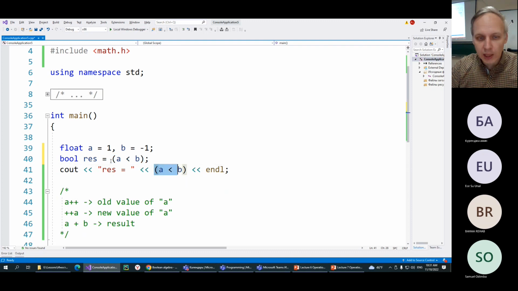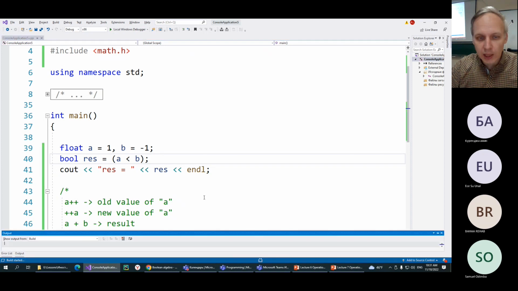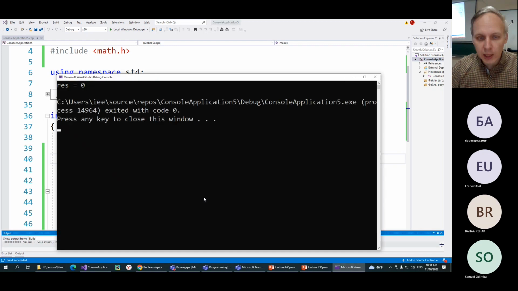And I can output the value of the result to the screen. A smaller than B, the result is false. So we will see on the screen 0.